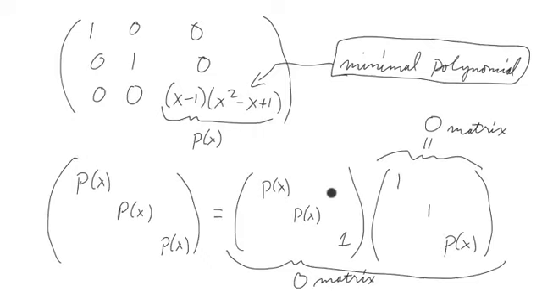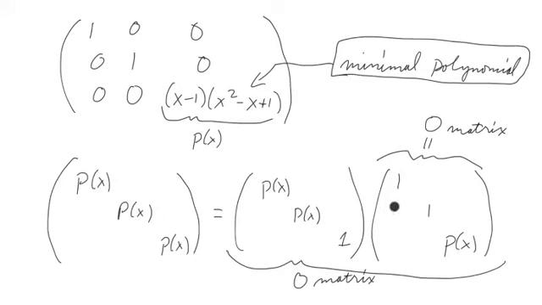You could try this out. If you put this column into this function, it's like p of x times it, so you get out that column. If you put in a 0, 1, 0, it picks out that. If you put in this, it says p of x times that. Hey, it gives you this, right?